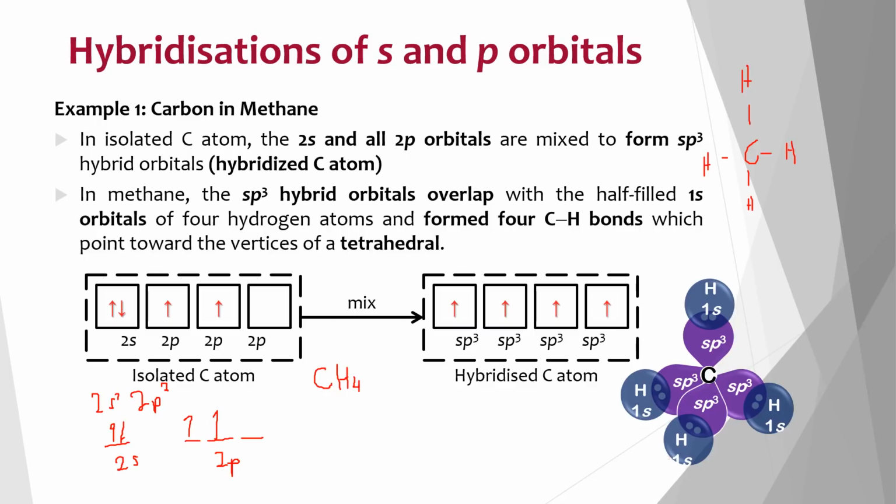But in the unhybridized state, there are only 2 empty places that can form a covalent bond. Remember that a covalent bond is a bond formed when atoms share electrons. So right now, carbon only has two p orbitals that have one electron each.